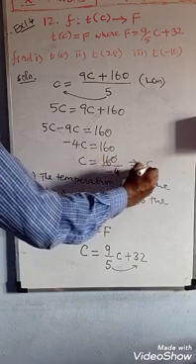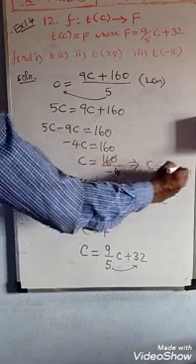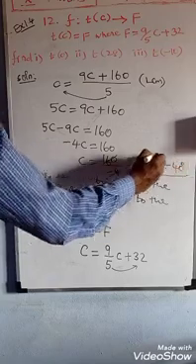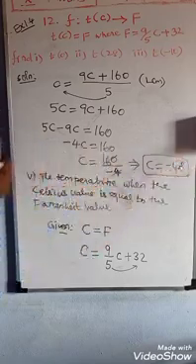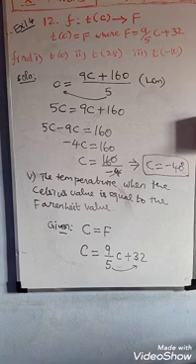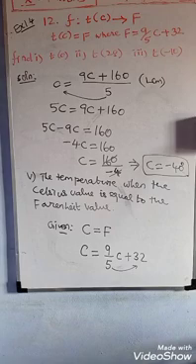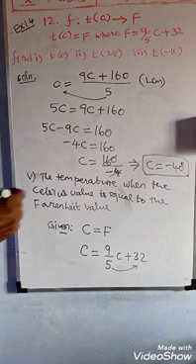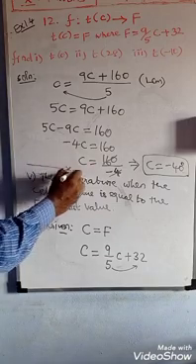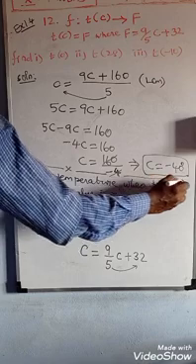We will receive C is equal to minus 40 degree. 4 fours are 16, so 40 degree. When the Celsius and the Fahrenheit will be equal, the temperature is minus 40 degree. Minus 40 degree means the Celsius and Fahrenheit values will be equal. Okay, that's all.